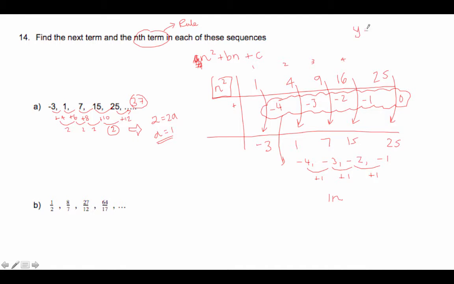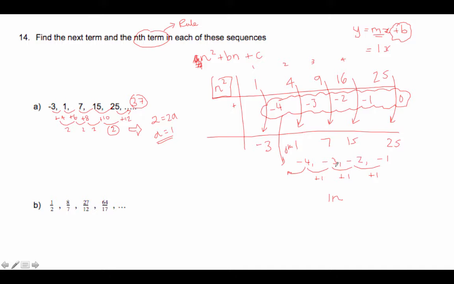We also talked about it graphically. If it's linear, it's going to be a straight line, y equals mx plus b, and the m is the gradient, how much the sequence is going up by. So this is going to start as 1x or 1n. And then how do you find the plus b in a linear graph? That's where it crosses the y-intercept, or in other words, it's the 0th term. So if n was 0, where would I start?